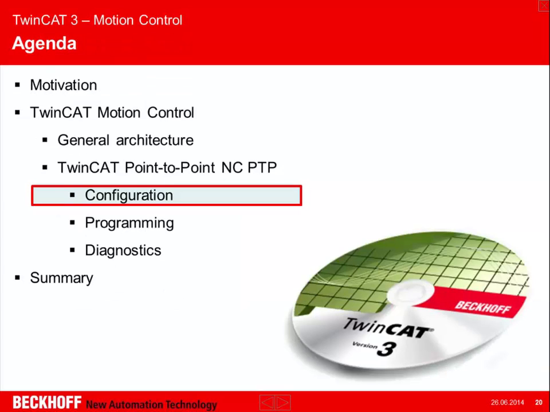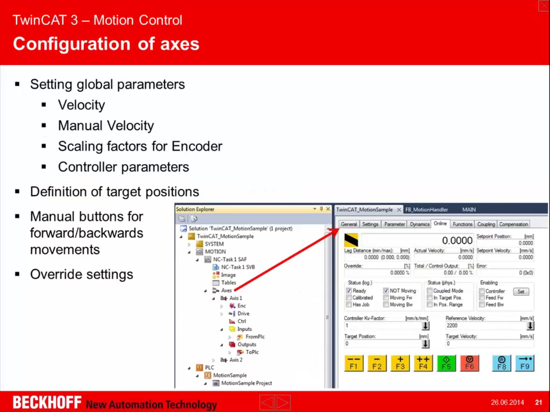So to do this parameterization and configuration in the system manager part of TwinCAT 3. So first of all, you have to set some parameters. So for maximum velocity, reference velocity, manual velocity, scaling factors, controller parameters, and so on. And you do this for all the axes in the same way, in the same configuration way.